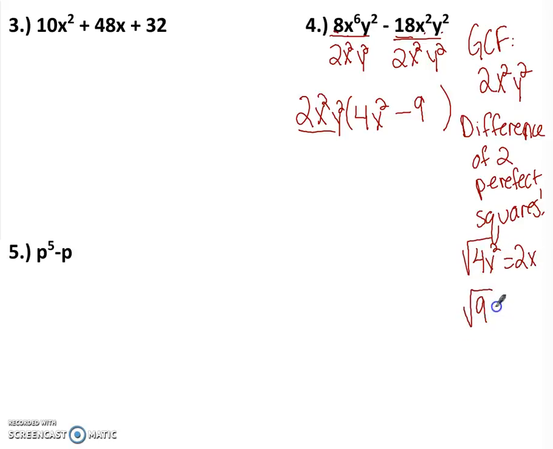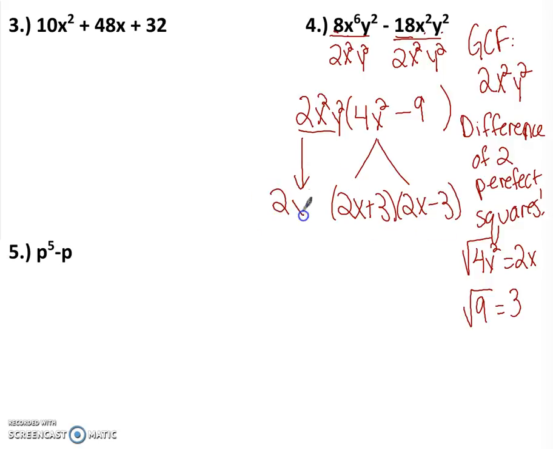The square root of 9 is just 3. So I can factor that to 2x plus 3 and 2x minus 3. Notice your GCF, 2x squared y squared, comes straight down. Cannot factor further. 2x plus 3 cannot factor further. 2x minus 3 cannot factor further. And you're done.